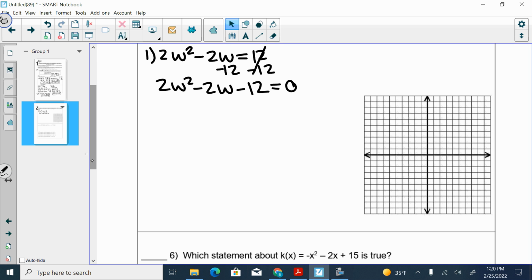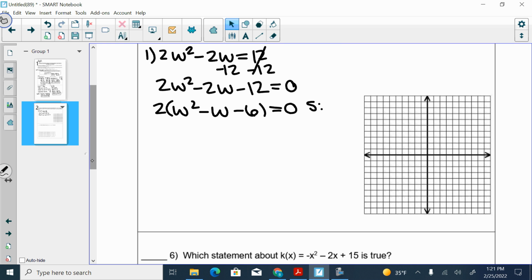Factor it. Very good. So the first thing we look for is what's my GCF? Nice. So I take 2 out of everything. So 2 out of 2w squared would leave us with, and 2 out of negative 2w would leave us with, nice, and 2 out of negative 12 would leave us with, nice.